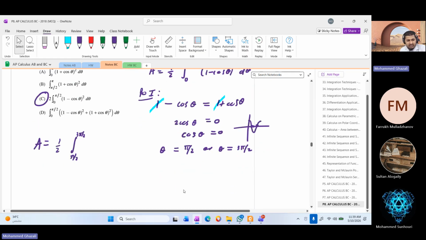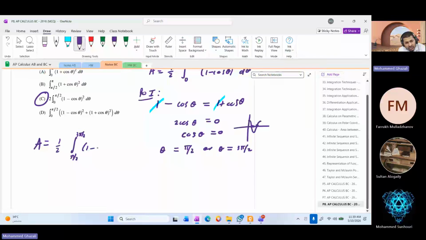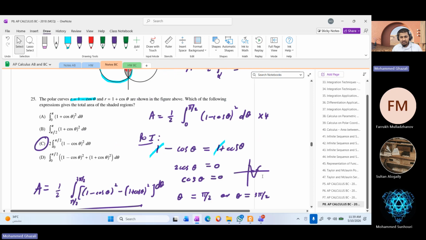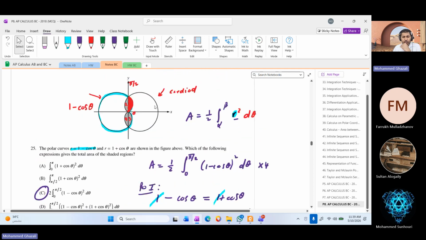So this is your r in minus r out. I want you to check this out and give me an answer quickly on the calculator, because we're trying to get some theory here. This is because of symmetry. I just took one portion multiplied by 4.